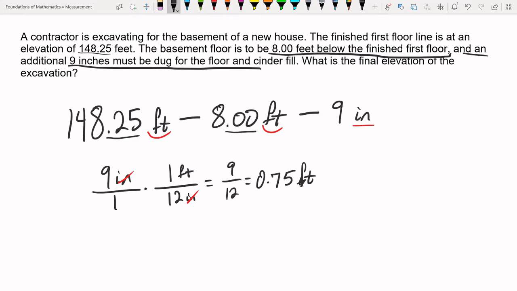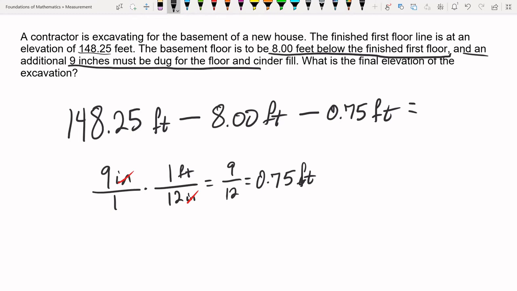What we're really saying is that we're subtracting not 9 inches, but 0.75 feet. And now all the units line up nicely for us.